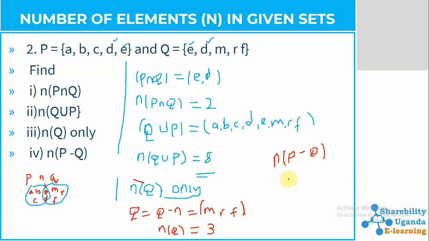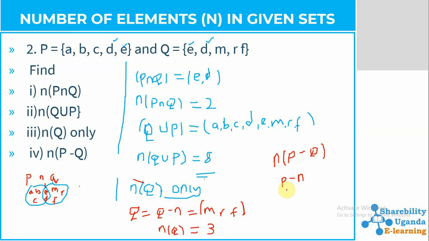P minus Q. For us to get P minus Q, that means we are going to get our P, which is all of this, then minus this. Then we subtract the intersection.